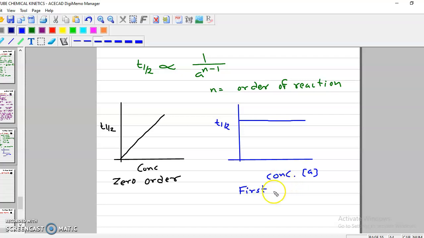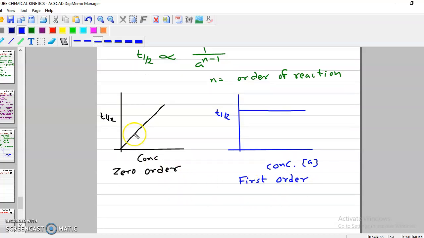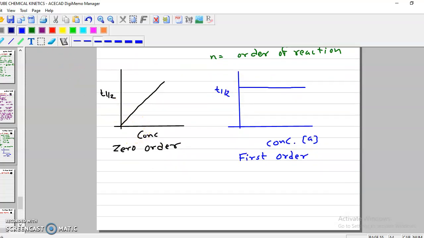It does not depend on concentration, so it is first order reaction. And here for zero order, the T half is directly proportional to concentration. That means if T half increases, A also increases.